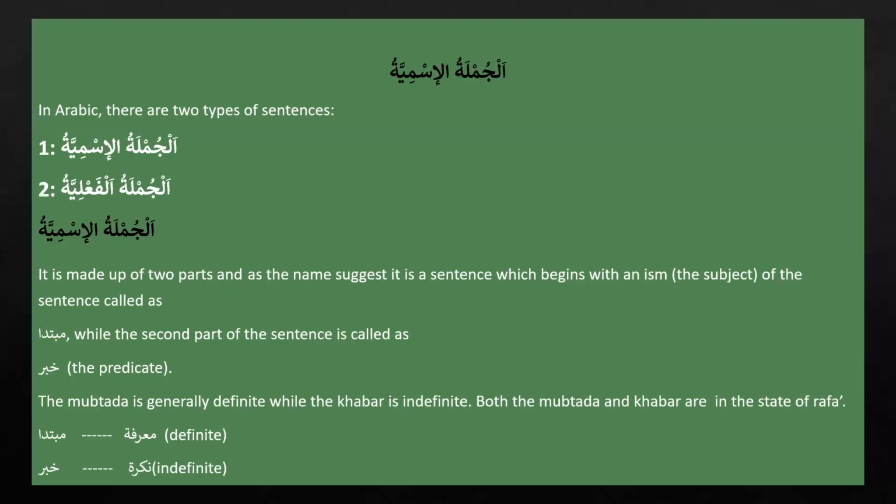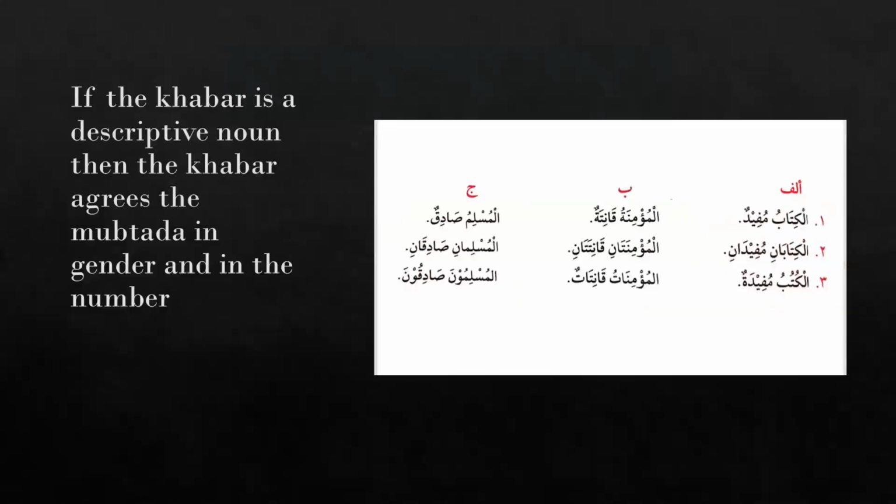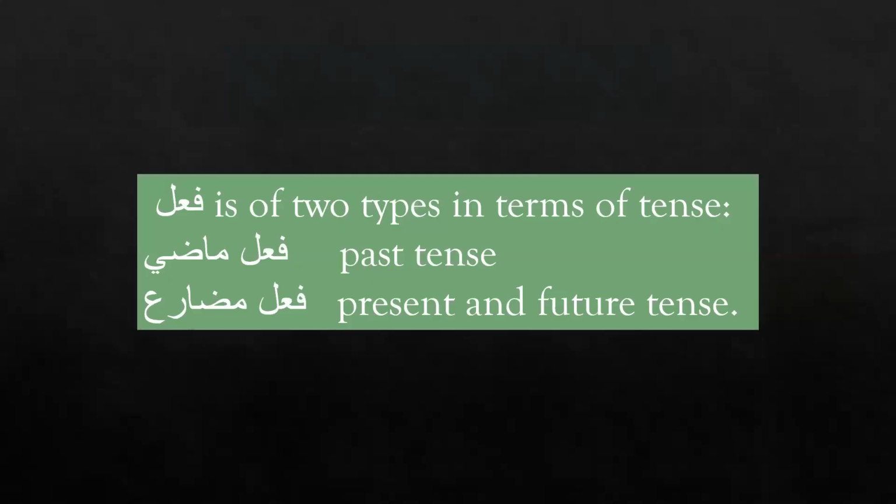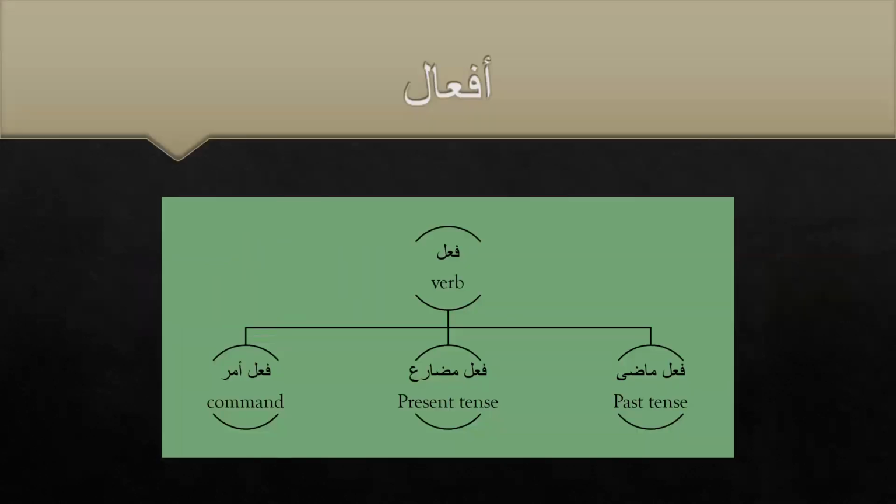So, Bismillah, we learned the two types of Jumla: Jumla Ismiya and Jumla Failya. And then we started our study of Jumla Failya. We learned that there are two main types of fail, fail Madi and fail Mudari.